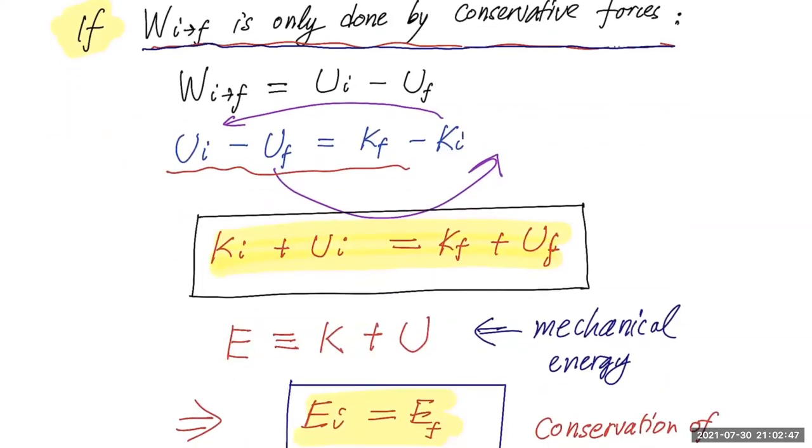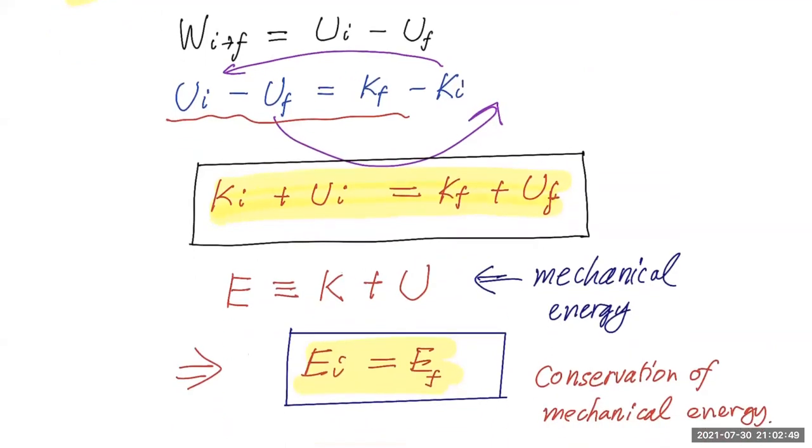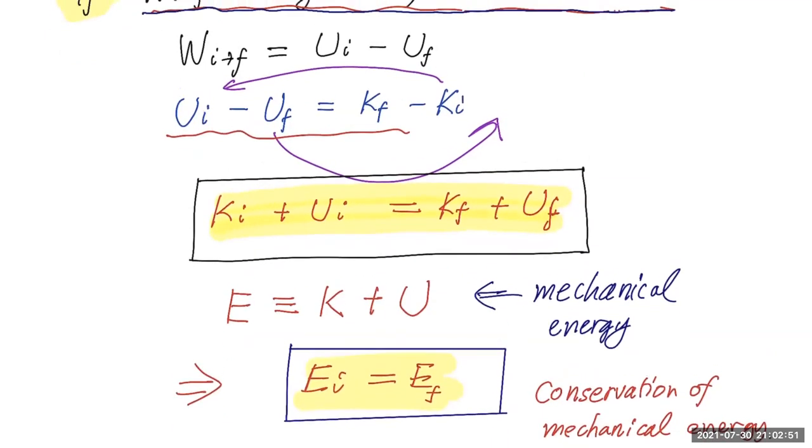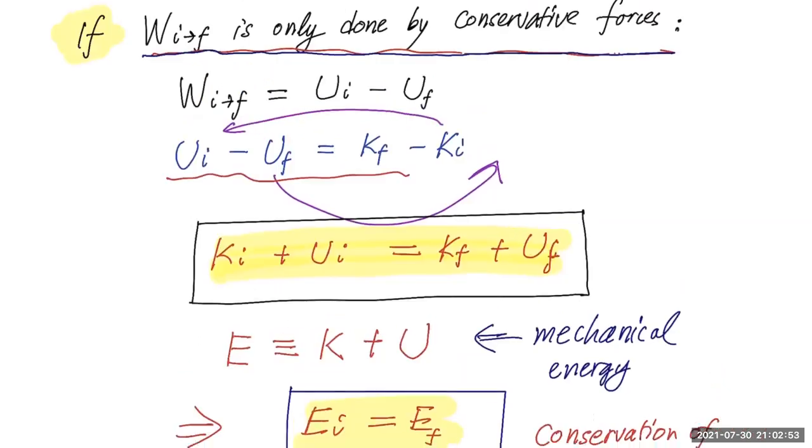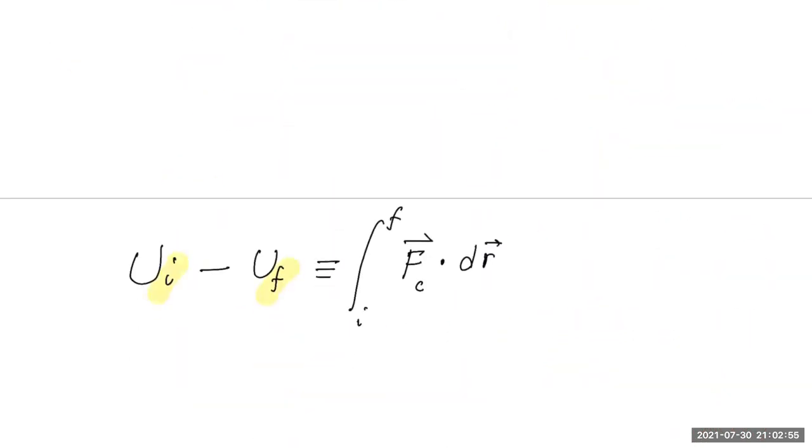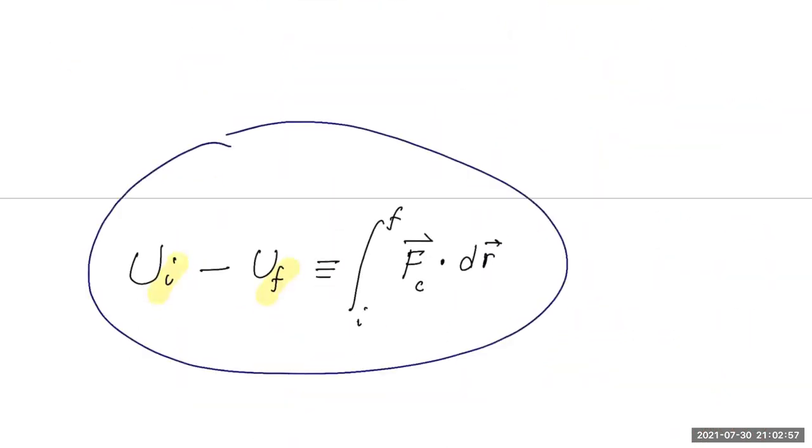In order to apply the conservation law, we have to know the expression for the potential energy U. This is the formula that allows us to find the potential energy given the force. We know of at least one example of a conservative force, that is gravity, the gravitational force. It is associated with a potential energy known as the gravitational potential energy.